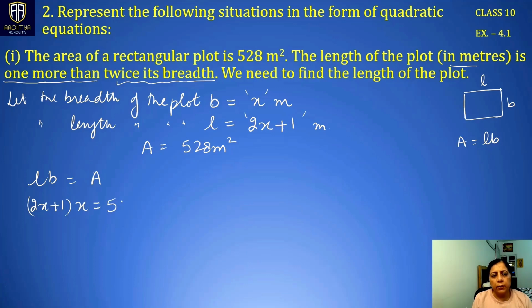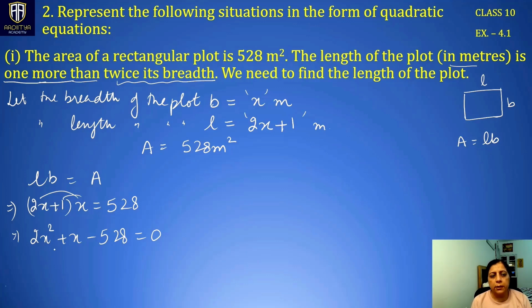And the value of area in numerical terms is 528. This is the quadratic equation that we have got. When we open this, this is 2x square plus x, and we bring 528 to the same side. So RHS becomes 0. You can see that this is a perfect quadratic equation. The coefficient of x square is 2.